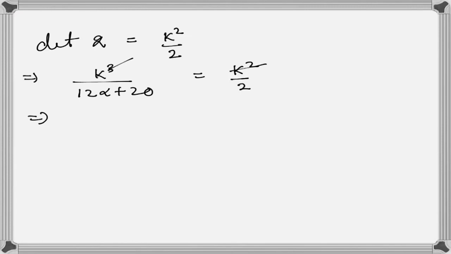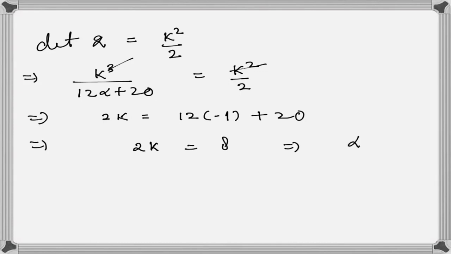So this is nothing but 2 times K equals 12 alpha, with alpha minus 1, plus 20. So this implies 2K equals 8, which is 20 minus 12. This implies that K is equal to 4.